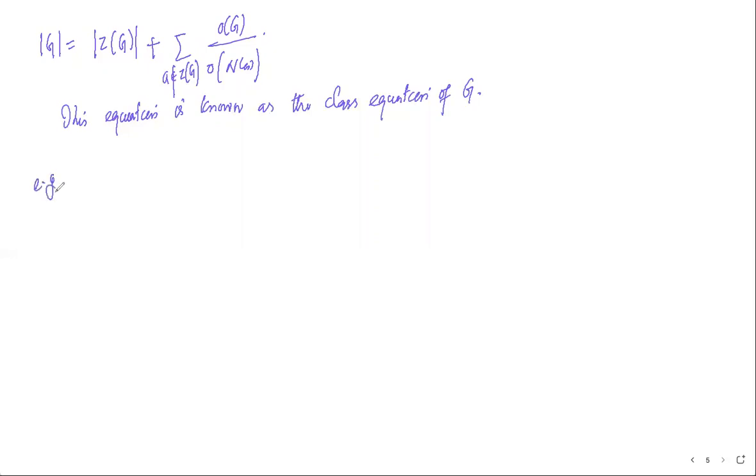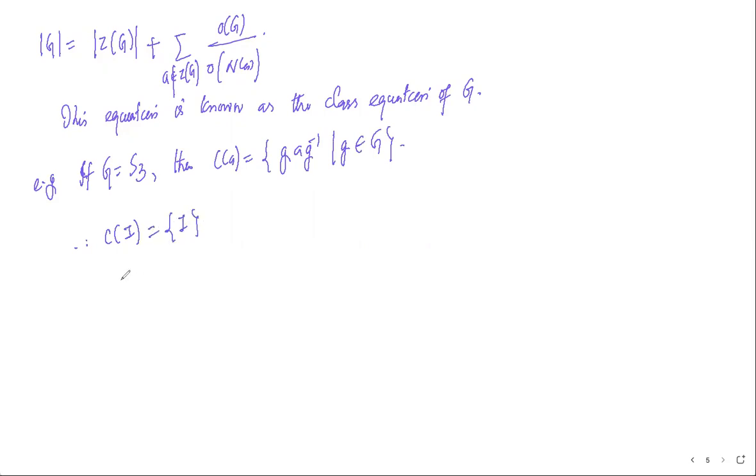For example, if G is equal to S3, then the class of A is equal to {g a g inverse such that g belongs to G}. So therefore, the class of the identity element is equal to the identity element itself.